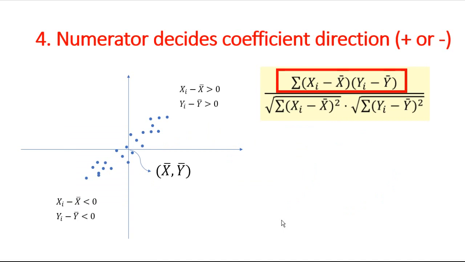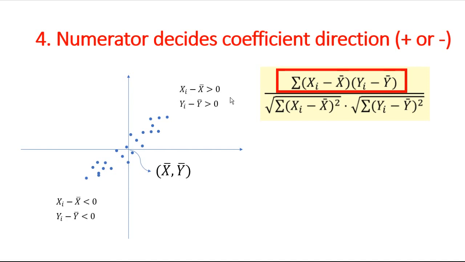Number 4, the numerator decides the coefficient direction, plus or minus. As you can see, the denominator part is always positive. So let's look at the numerator part. Once we have data samples like this, the first quadrant and the third quadrant show a positive sign. So xi minus x bar is greater than 0 and yi minus y bar is greater than 0.